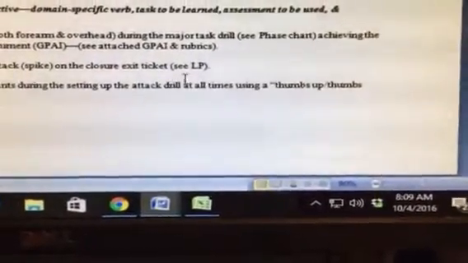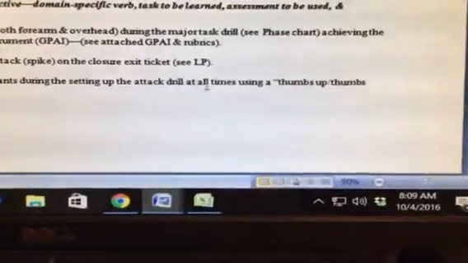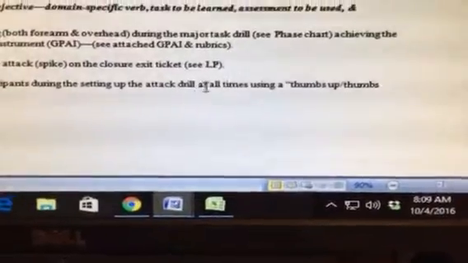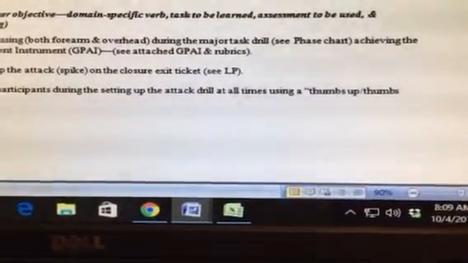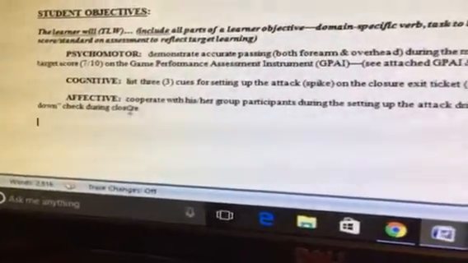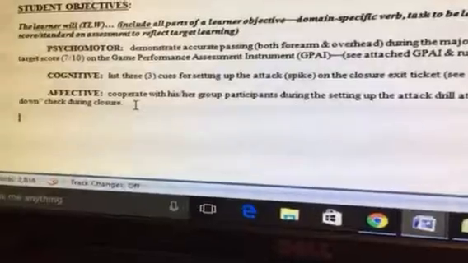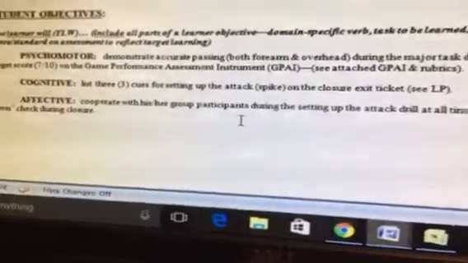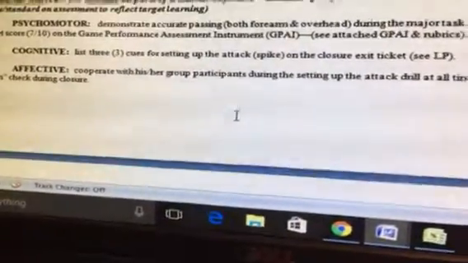Now see, at all times is the score or the standard. So hopefully everyone will work well together in their groups, using a thumbs up, thumbs down check during closure. And that's your assessment. If you read through the lesson plan, you're going to see that.